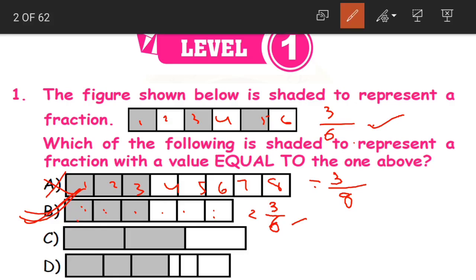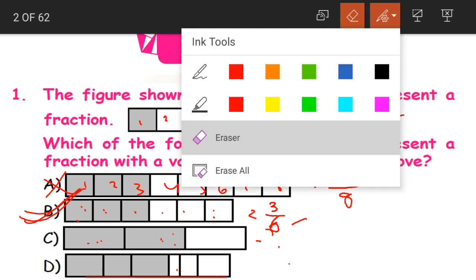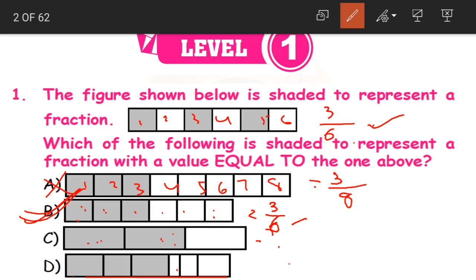If you look at option C and D, here in option C, the fraction will be 2 by 3: 1, 2 divided by 3 total parts. And option D, we cannot write the fraction, children. Can you tell me why? Because if you remember the very first class, fraction is a part.